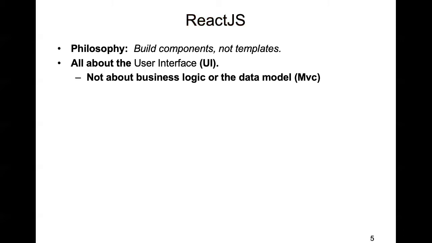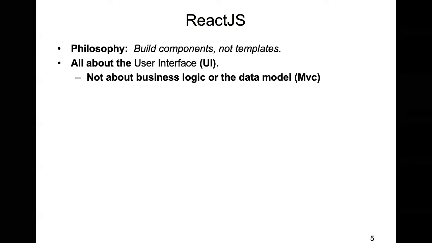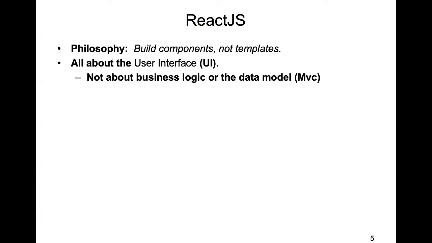So for React, it's all about building components, not coding up templates. And it's all about the user interface. It's all about the V part of MVC. Now, that means that the M part is still very important, and well, controllers less so, I suppose. The M part is concerned with the kind of data model backing your user interface. That is still very important, but they just felt that they weren't going to deal with it.